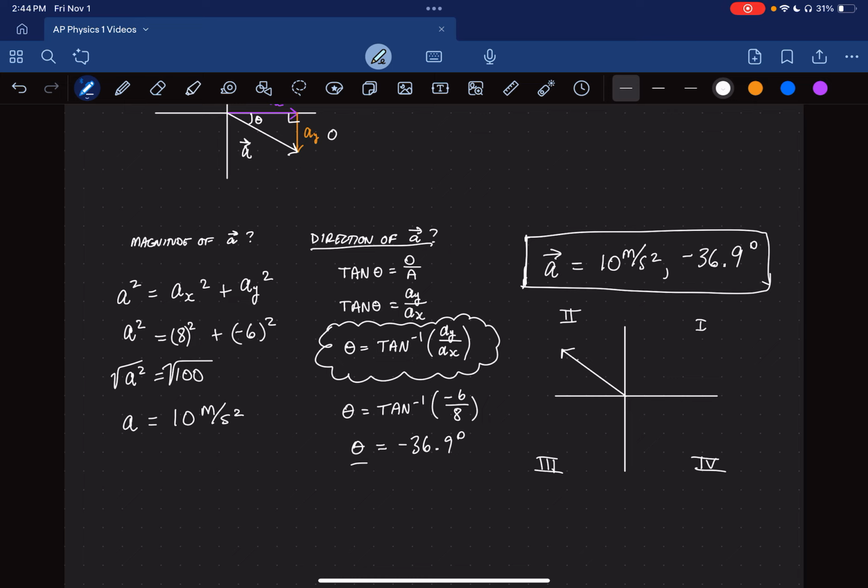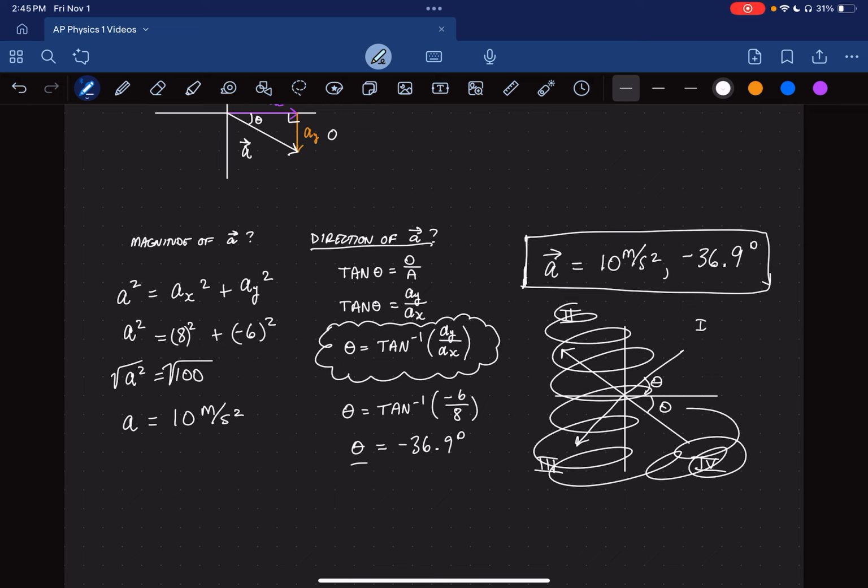And so if your answer is a vector that's in this quadrant, what it'll probably do is give you an angle here, some negative number. What you need to do is add 180 to it. So if your vector is in the second quadrant, you will add 180 to your calculator's answer. And also for the third quadrant, it would probably give you this angle here. So again, add 180 to it to get the correct answer.